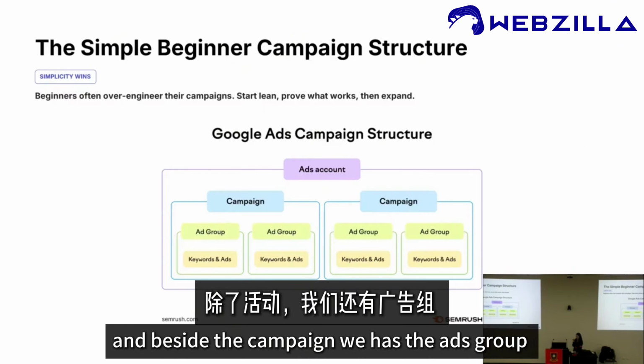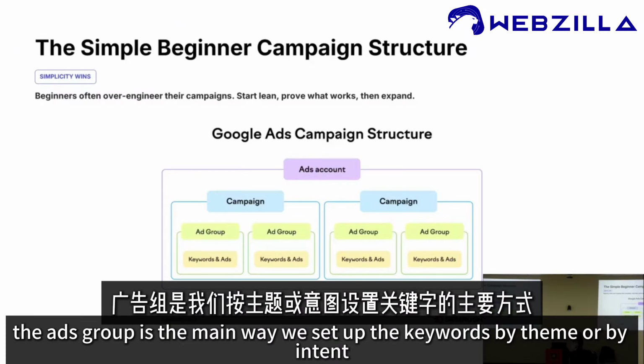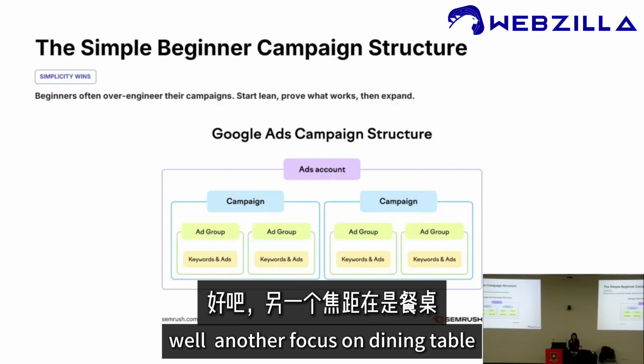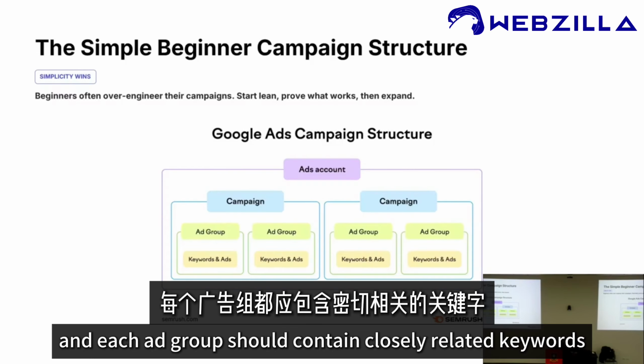And beside the campaign, we have the ads group. The ads group is the main way we set up the keywords by theme or by intent. For example, one ad group could focus on sofa, while another focus on dining table, and each ad group should contain closely related keywords.